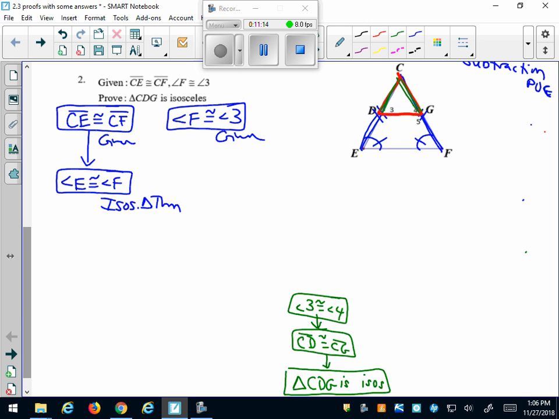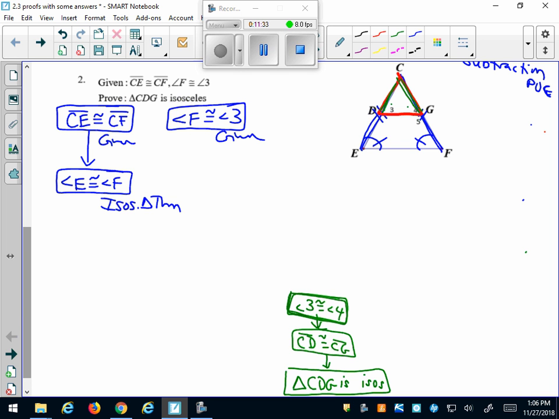All right, so that's pretty logical. So now we can think of what we're given and what we've concluded from our givens, and think of this as our goal now. We're trying to get angle 3 congruent to angle 4.